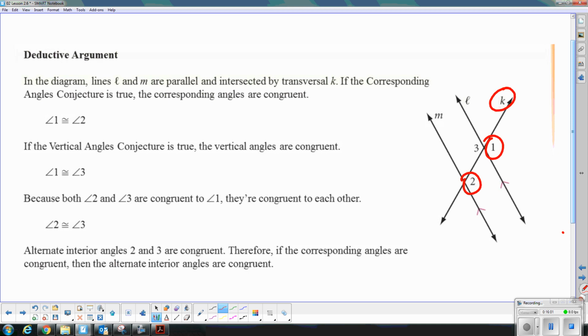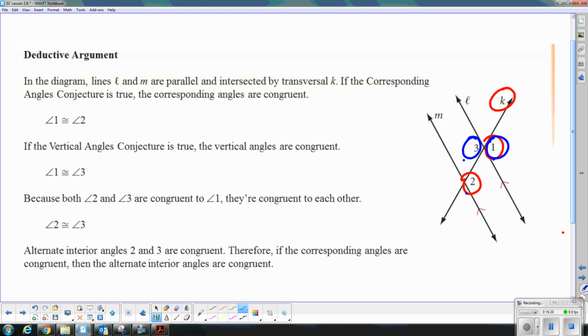Next, if we're assuming the vertical angles conjecture is true from lesson 2.5, then we can assume that angle 1 and angle 3 are congruent. So 2 is congruent to angle 1, and 3 is congruent to angle 1.